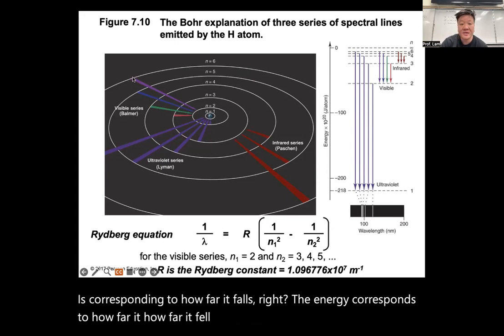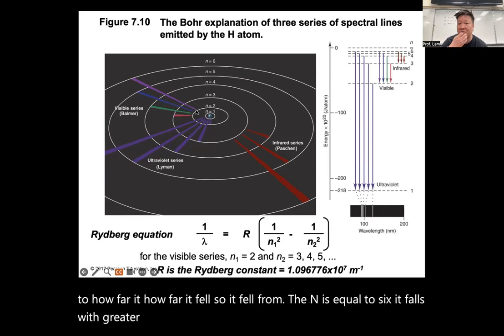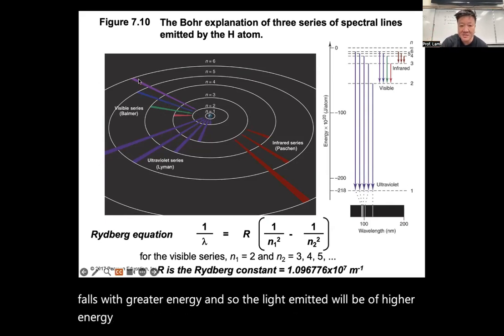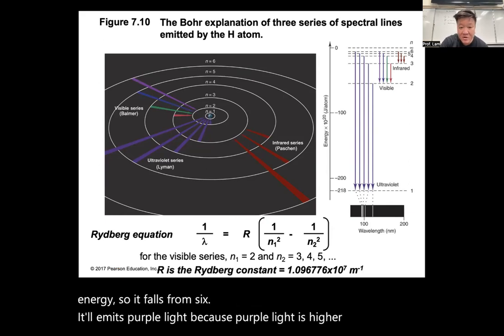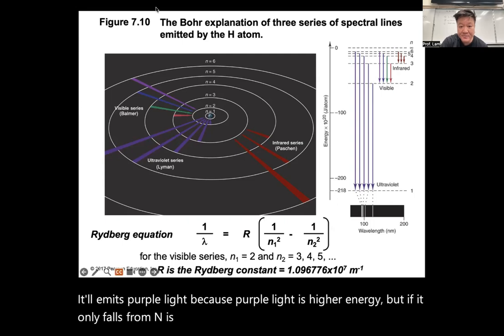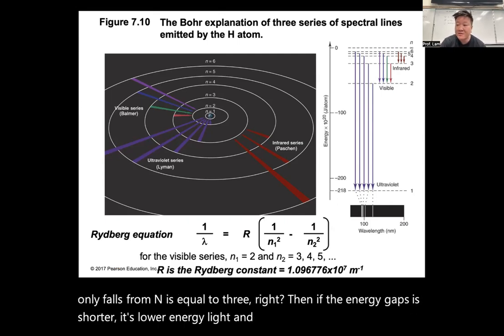So if it fell from n equals 6, it falls with greater energy, and so the light emitted will be of higher energy. So it falls from 6, it will emit purple light because purple light is higher energy. But if it only falls from n equals 3, right, then the energy gap is shorter, it's lower energy light, and so you see red, okay?